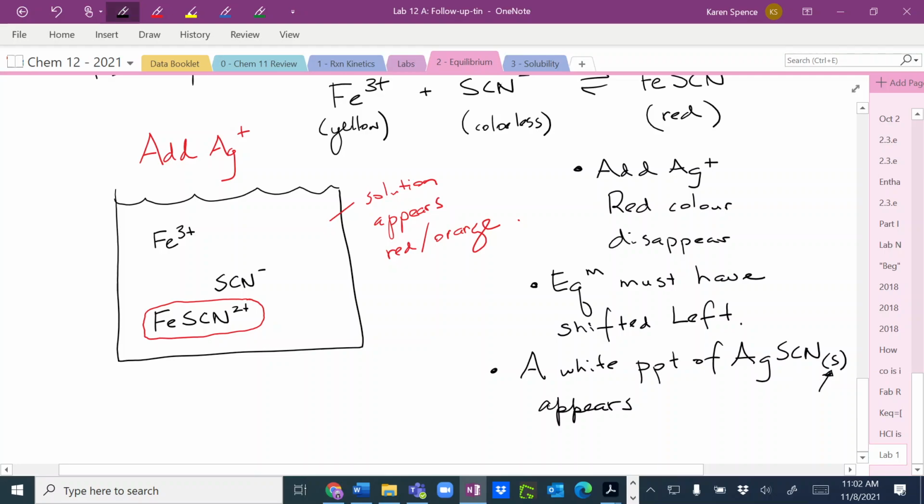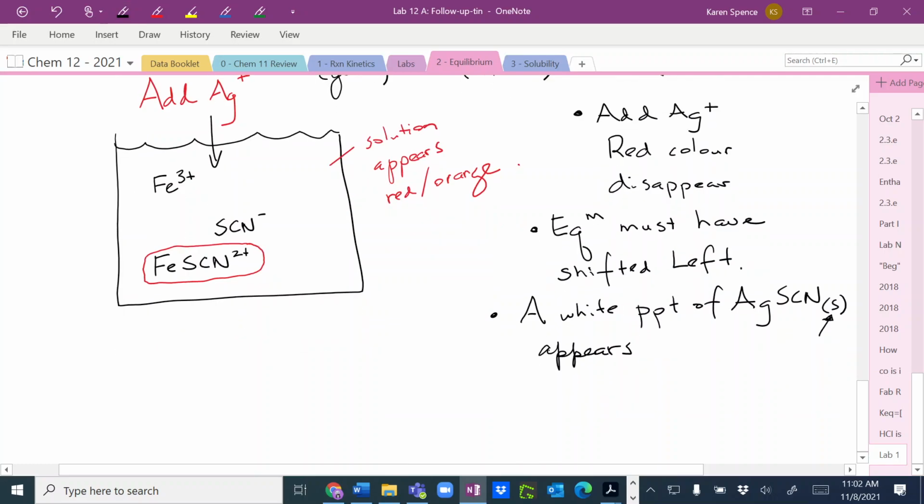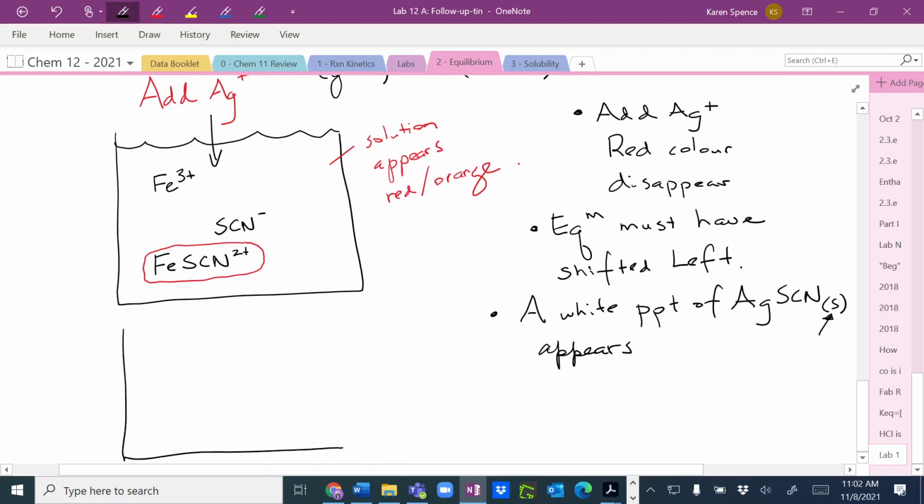So what has happened is we add in the Ag, and now in our beaker, instead of having the red FeSCN, the Ag got together with the SCN and formed a solid. Yes? That caused our equilibrium to shift to the left.